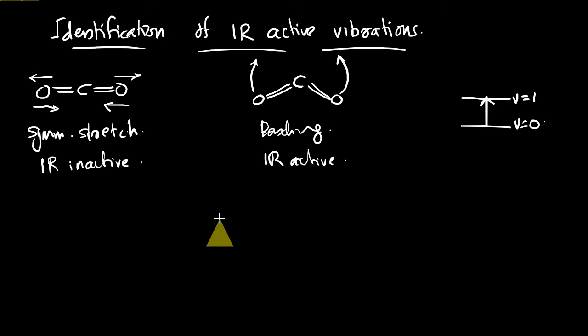Group theory is actually a shortcut. So group theoretically, very easily you can find out which of the vibrational modes present in a molecule are going to be IR active and which are going to be IR inactive. So that is what we are going to learn in this class.